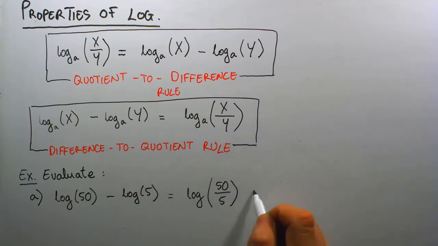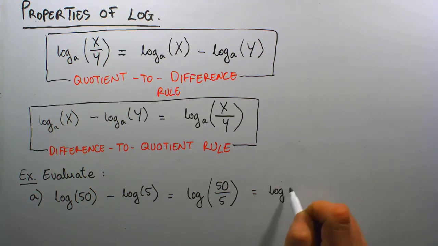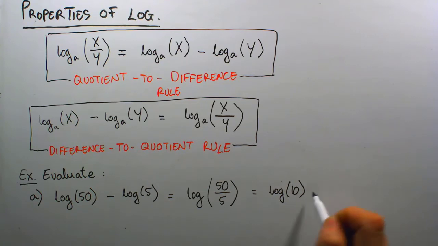And so now, working from the inside out, 50 over 5 is 10, so it's the same as log base 10 of 10. The answer now comes out without any assistance from a calculator. Log base 10 of 10 equals 1. And now I moved on in this problem completely without the need of using a calculator.